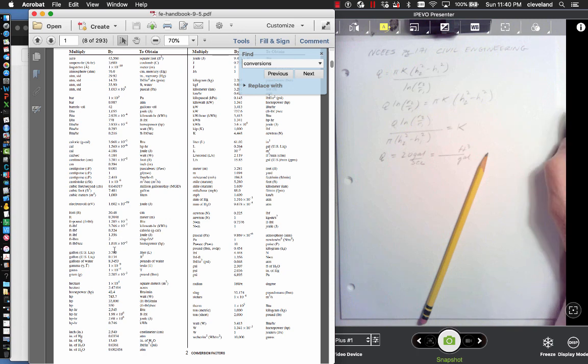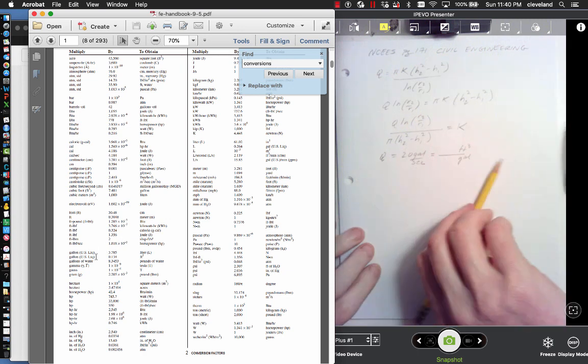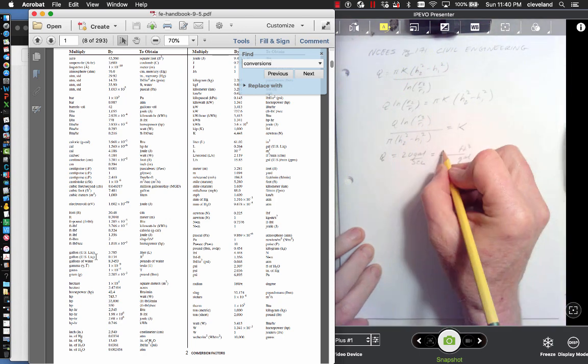We multiply gallons by 0.134 to get cubic feet.